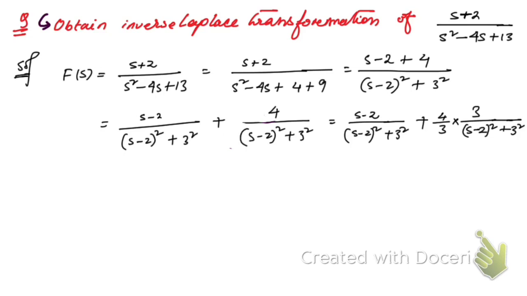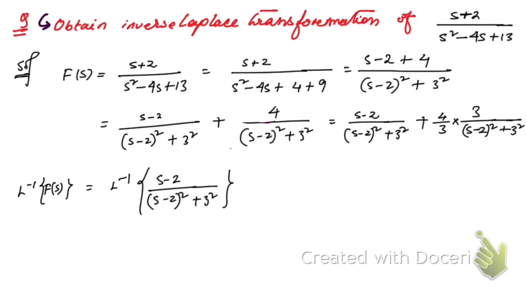Yeah, we have 4 by 3. Okay, so now let us take the inverse Laplace transformation of capital F of s, right? So we have to take inverse Laplace transformation of this part, s minus 2 by s minus 2 whole square plus 3 square, right?